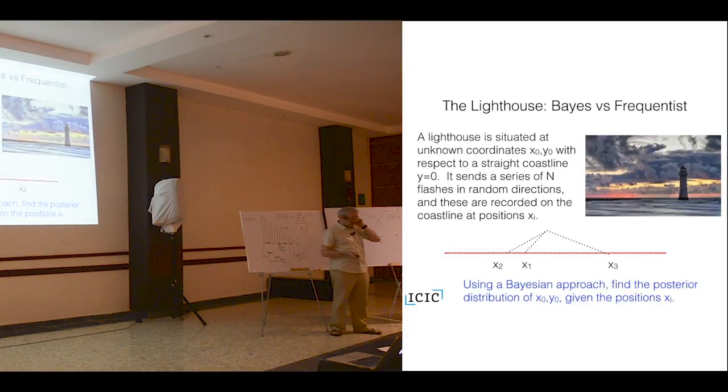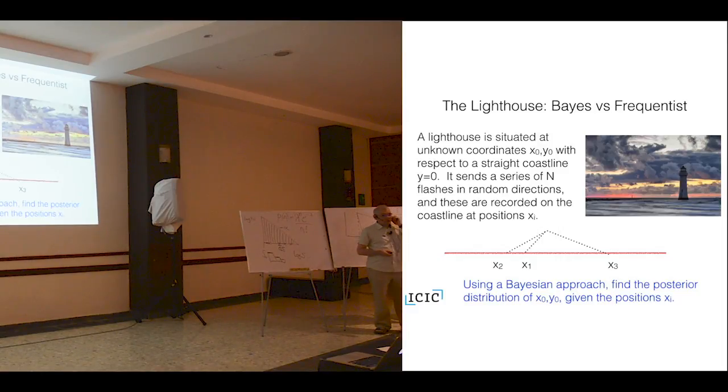Okay, so now I'm going to get you to do some work. I'm going to give you a problem which is a classic problem in Bayesian inference. It was devised by Steve Gull, who was my internal PhD examiner, who was a committed Bayesian. He gave this to first-year undergraduates at Cambridge many, many years ago, and so I remember this.